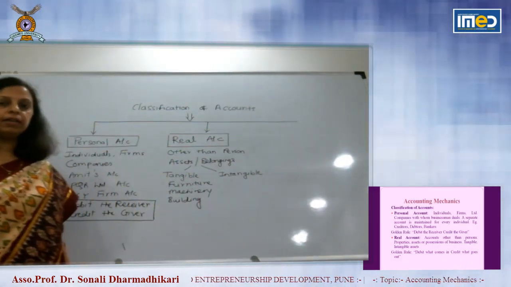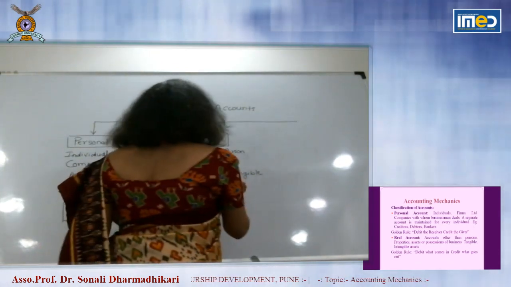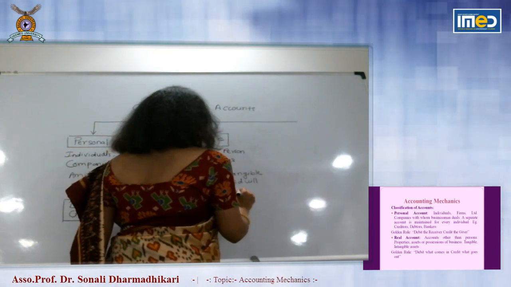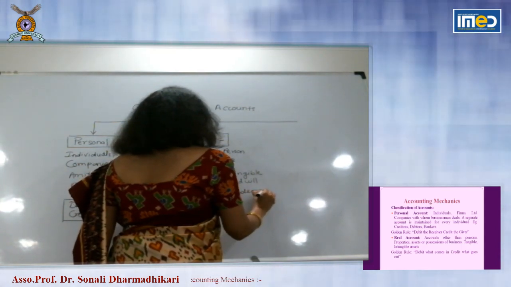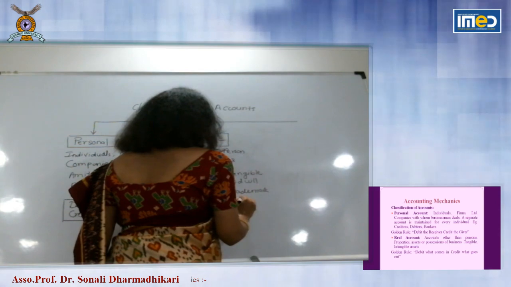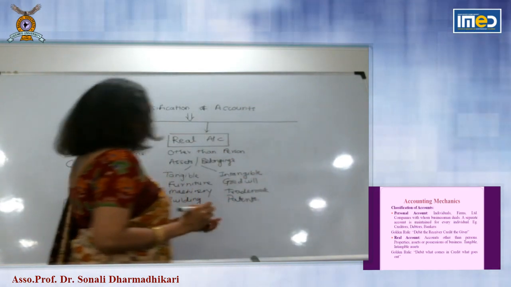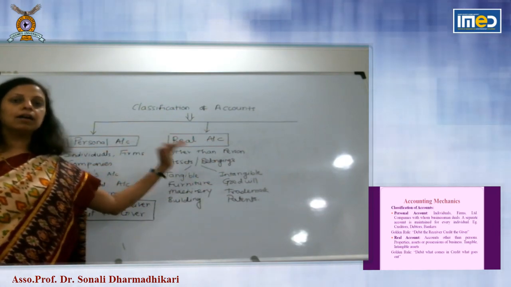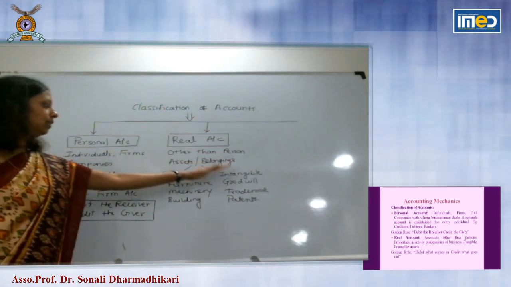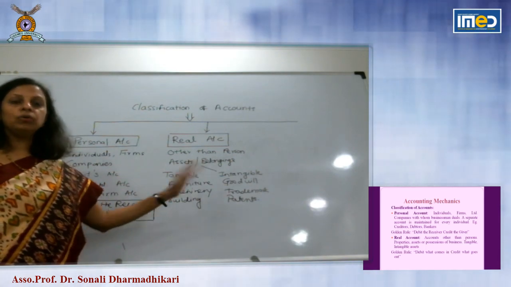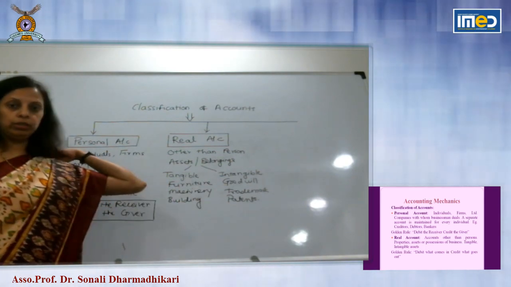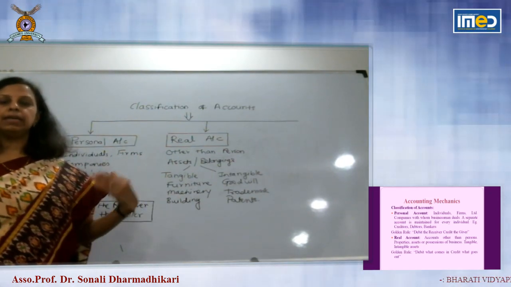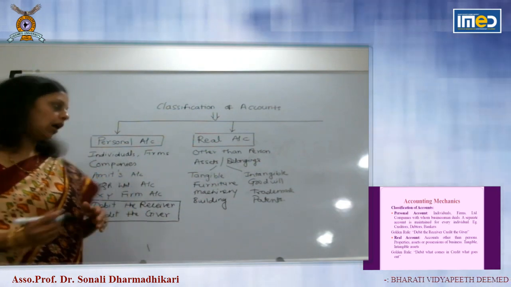And intangible assets which you cannot see: goodwill, trademark, patents, etc. So all types of assets of business come under real account. These are the examples. Now comes the golden rule. The golden rule of real account is debit what comes in, credit what goes out.